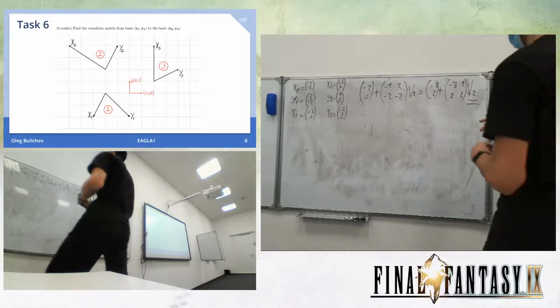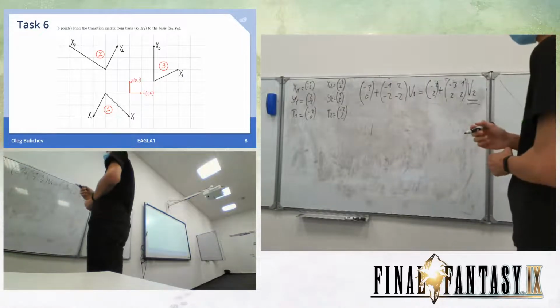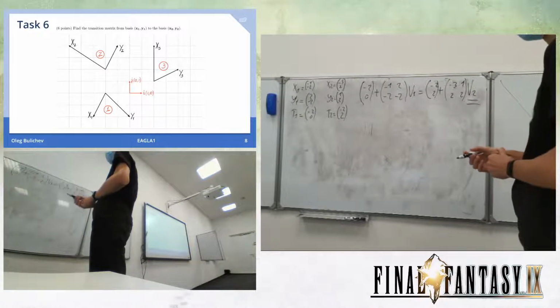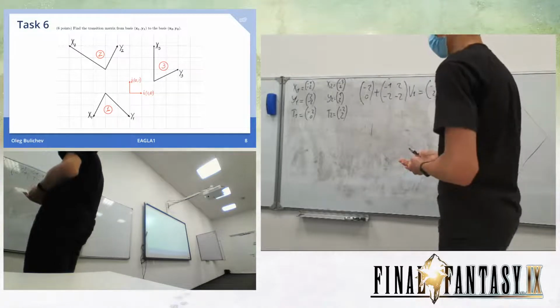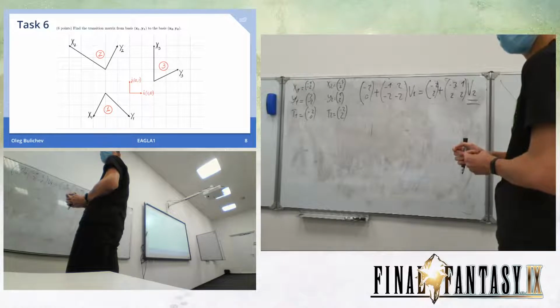What is V1? Some points on the surface. And you want to say that V2 will provide you a transformation matrix.